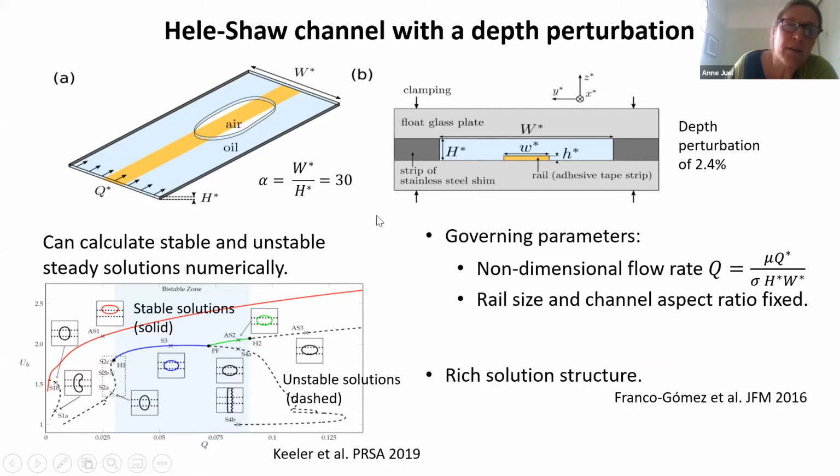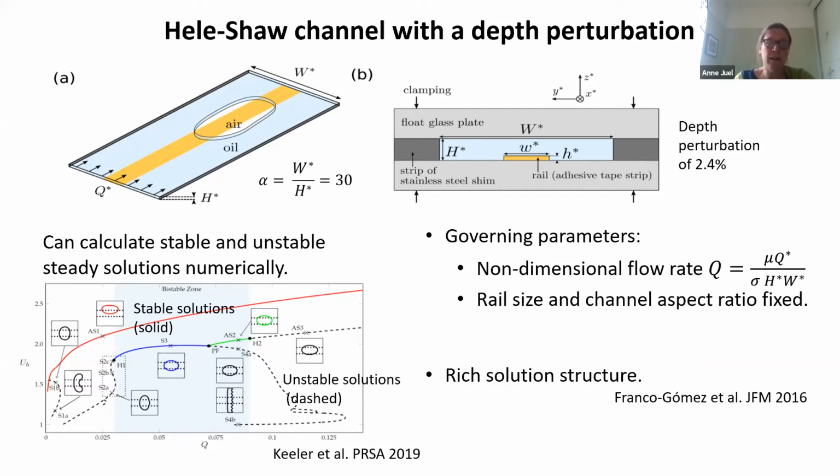Why this is a useful system to look at is that it has a very rich solution structure, and we can calculate all these solutions numerically. We can calculate both stable and unstable steady solutions. This is a steady bifurcation diagram of the system. I don't want to go through it in detail.